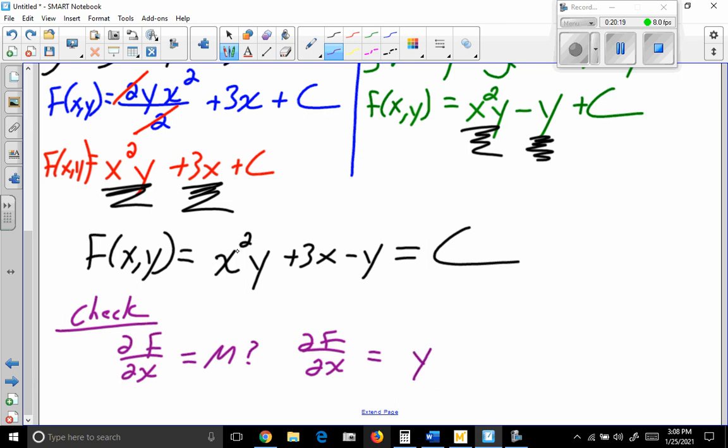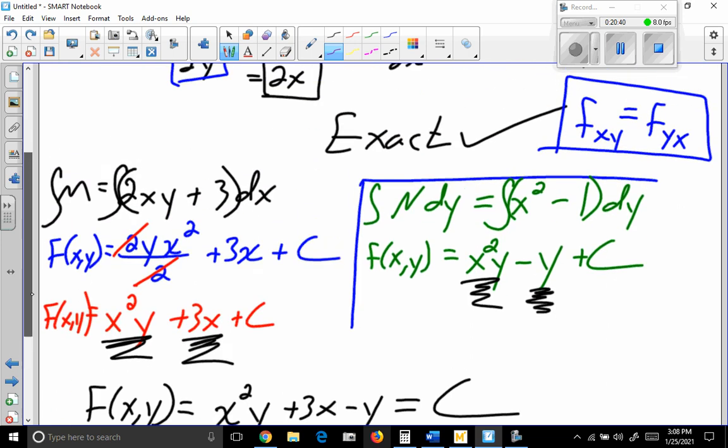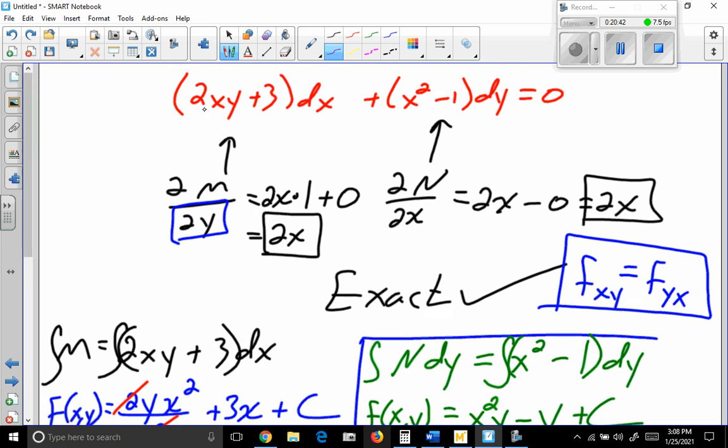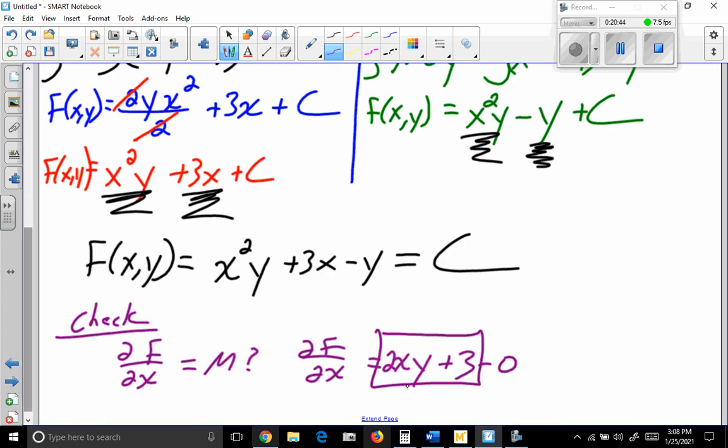When we take the derivative of x squared, we bring the 2 down, x to the 1 less power. When we take the derivative of 3x, we get 3. And then when we take the derivative of y, since we're taking the partial with respect to x, the derivative of that is just a 0. So that's our M, and if we scroll back up, that's what our M was, 2xy plus 3. So we lost the y term when we did our partial with respect to x.